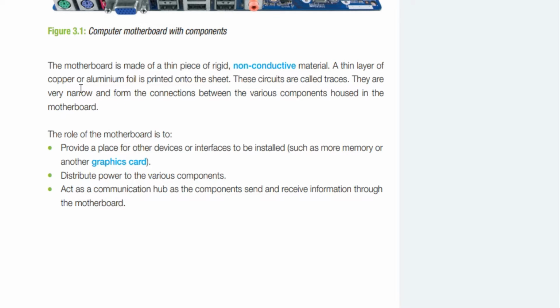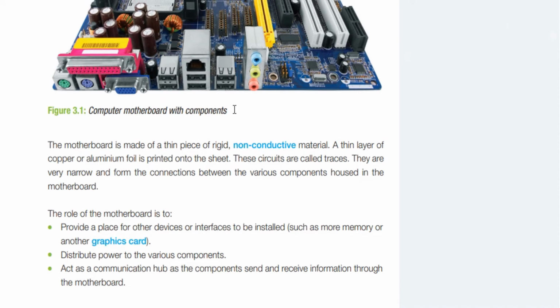A thin layer of copper or aluminum foil is printed onto the sheet with circuits that are traced. These circuits are called traces. They are very narrow and form a connection between the various components housed in the motherboard.